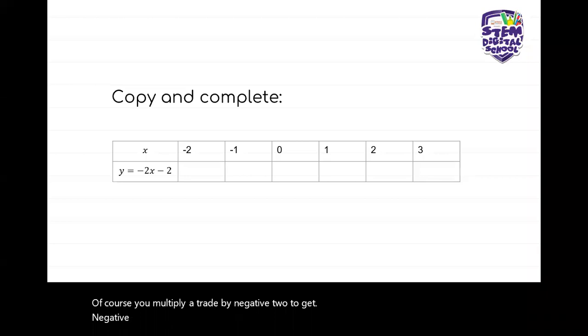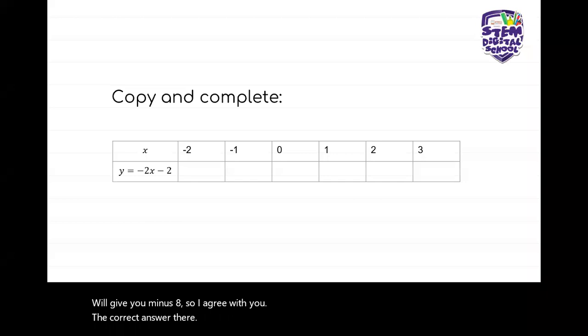And remember that if you multiply -2 by 3, that on its own will give you -6. So remember that -6 and then -2 will give you -8. So I agree with you, Lesedi. The -8 will be the correct answer there.